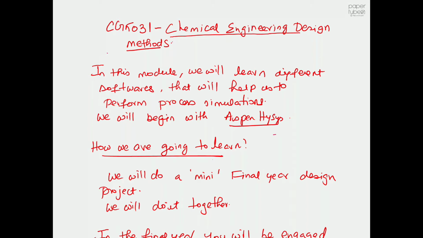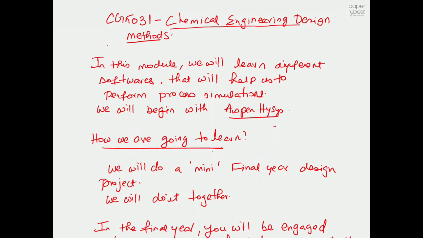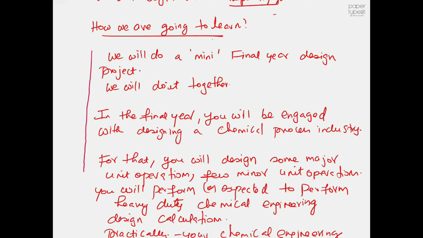What we are going to learn from this module, especially from my part, which is Aspen HYSYS. There are many ways to study Aspen HYSYS. One way is to stick to the internet resources. In fact, the company Aspen Tech themselves posted loads of videos on YouTube which you can watch and learn from.